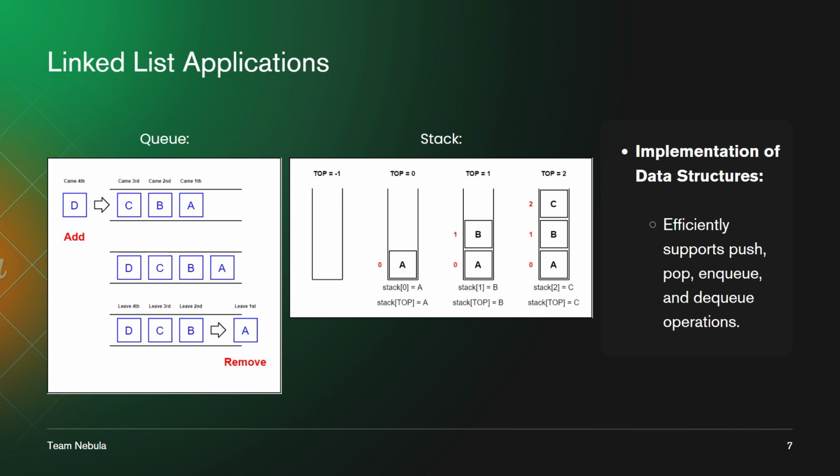Another common application is in the implementation of stack and queue data structures. Linked lists provide an excellent foundation for building these essential tools, allowing us to perform push, pop, enqueue, and dequeue operations very efficiently.